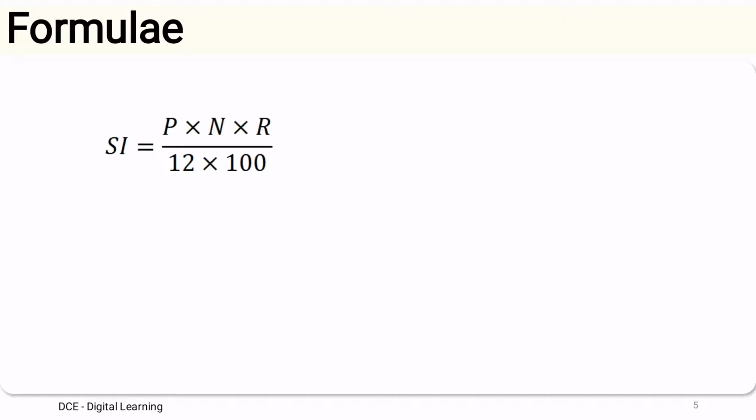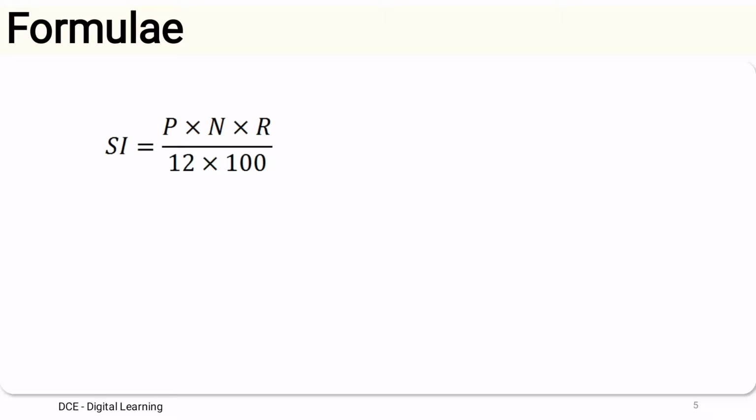The formula used for applications of installment buying is the same as used in the simple interest concept, but the only difference is that in simple interest, in PNR upon 100, the n was the period or time in years, but in installment buying, the n is represented by the equated period and it will be in months.